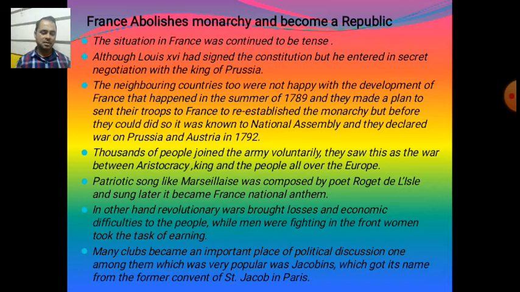Do you know, the people's sentiment was so connected with this war that they started to compose and sing patriotic songs. Roger de Lisle composed a song and started to sing the Marseillaise. Now the Marseillaise was later declared the national anthem of France.